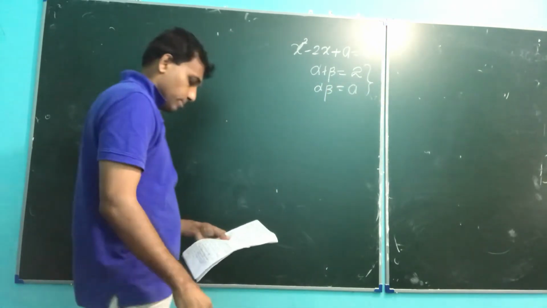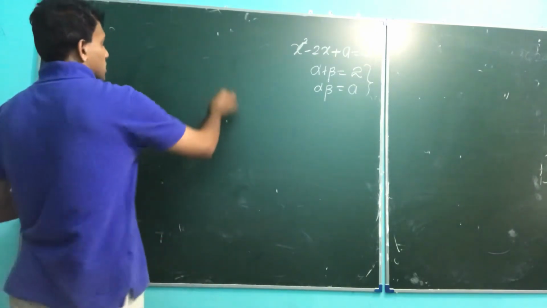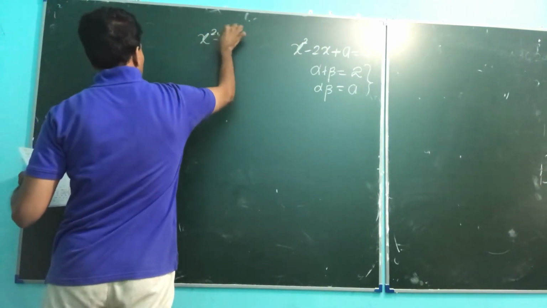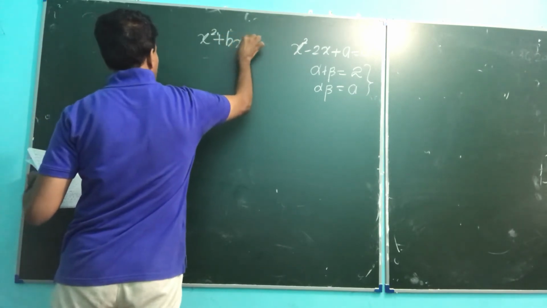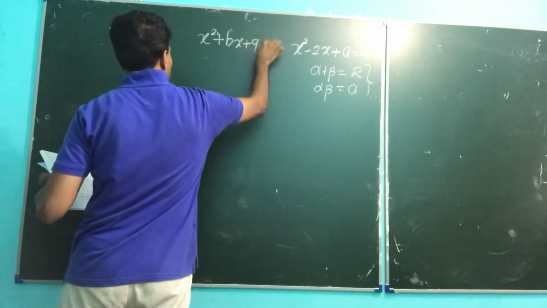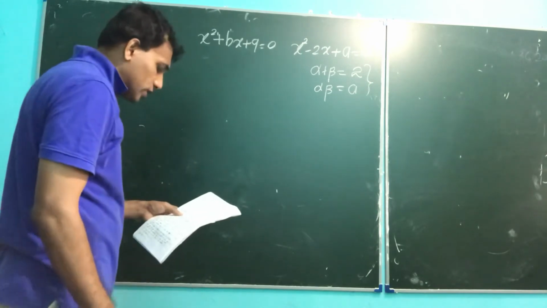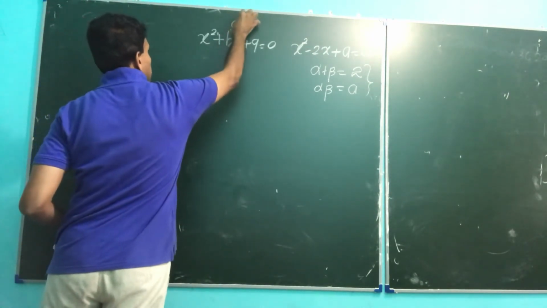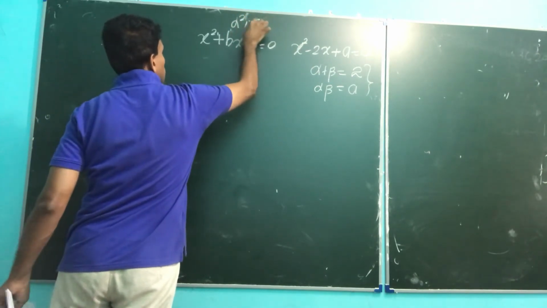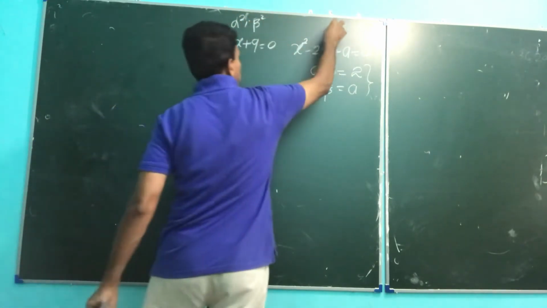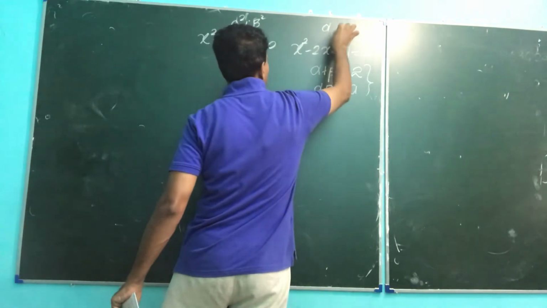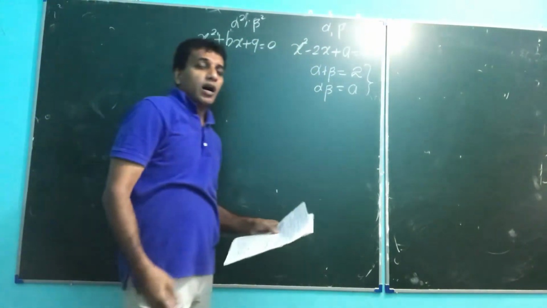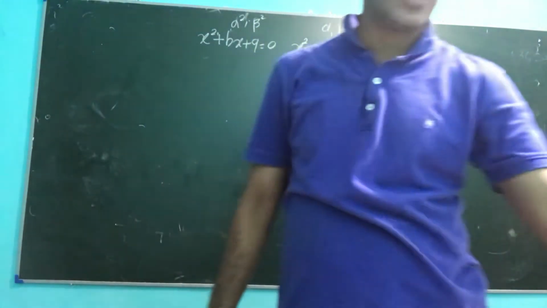Okay, and they say further that x square plus bx plus 9 equals 0, this quadratic equation has roots alpha square and beta square. The former one has roots alpha and beta. The next equation has roots alpha square and beta square.